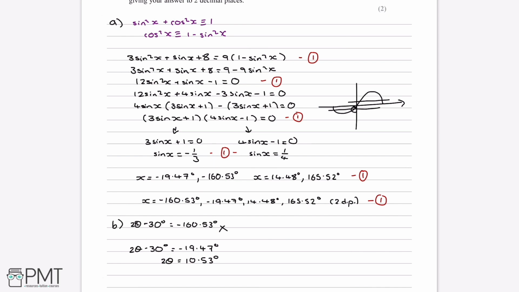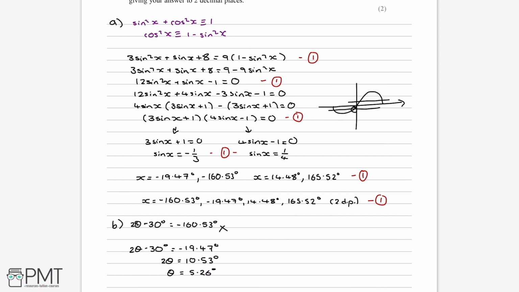Now, this is the smallest possible positive number, because if we used a number bigger than minus 19.47 as x, we just get a larger number for theta, but the question specified that they wanted the smallest positive value. So if we divide both sides by 2, we get that therefore theta is equal to 5.26, to 2 decimal places. And remember, we're using the whole value of 19.47, not just the rounded version.